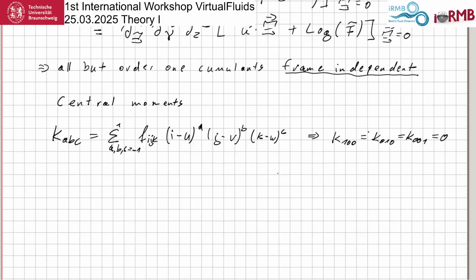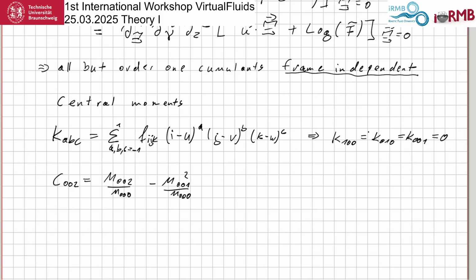Then, for example, if you write C002, as we have seen, it is M002 divided by M000 minus M001 squared divided by M000. Now, all of this, cumulants can be derived in any frame of reference.